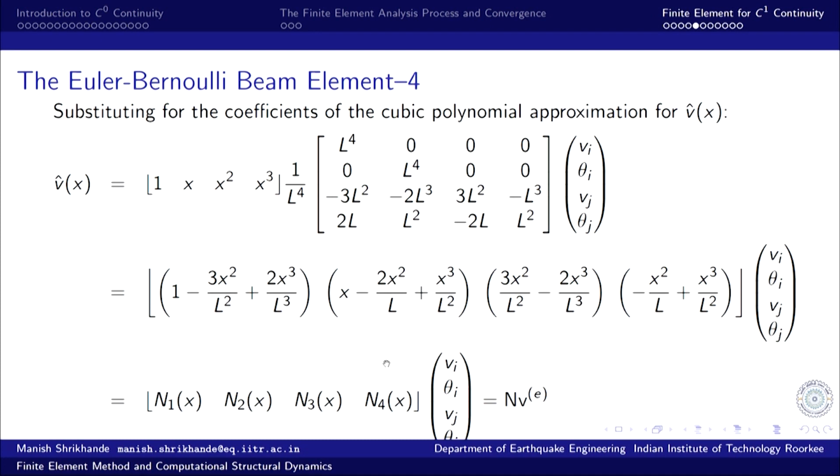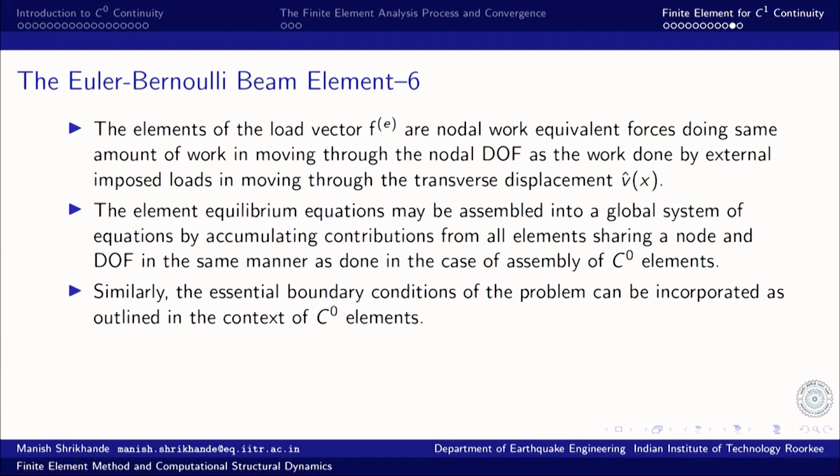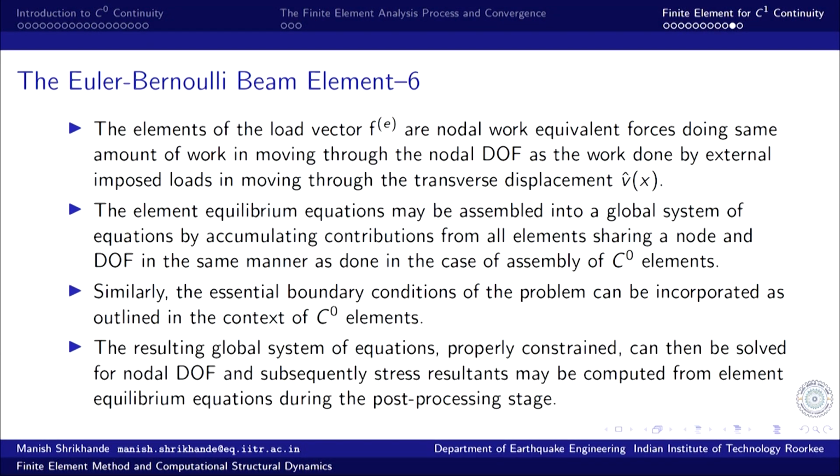And once we have this displacement within an element, we can find its derivative and second derivative for finding out the moment, and third derivative for finding out the shear force in the beam, evaluated at different points. So, that is what we call the post processing stage.